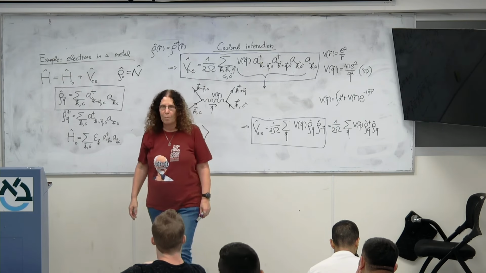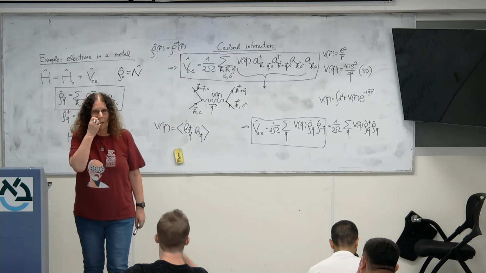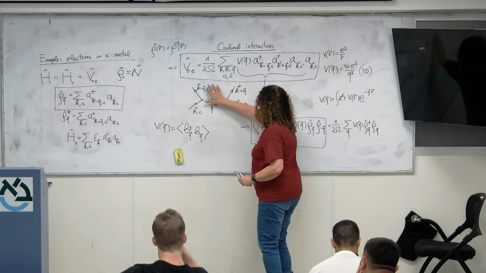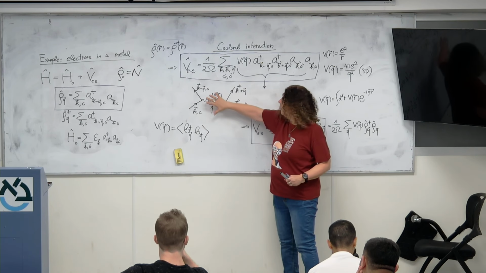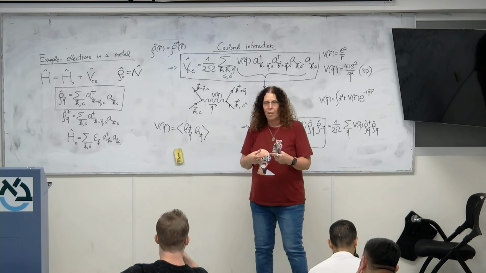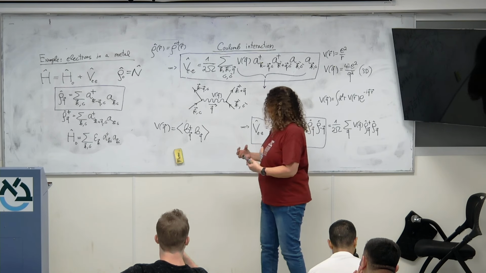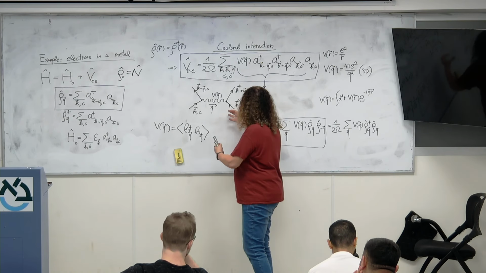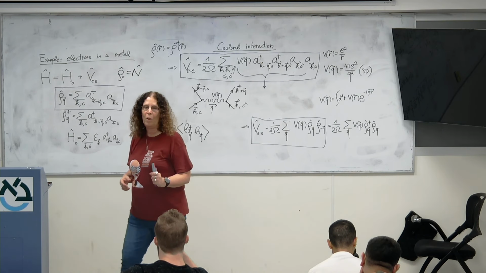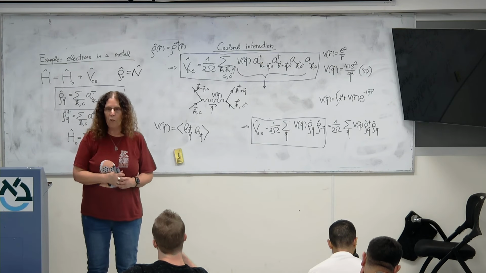What we see is that in the process, if you just forget about what happens in the middle, there is a collision between two electrons via the Coulomb force, and in the collision they conserve momentum. The reason they conserve momentum is that you have translation invariance.